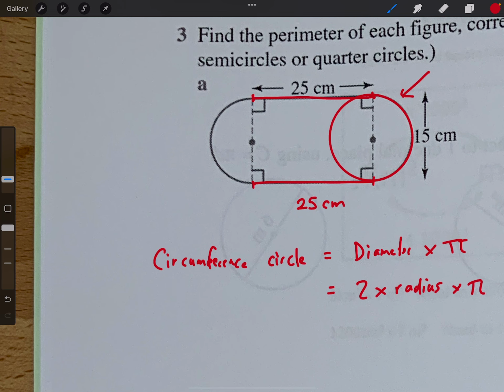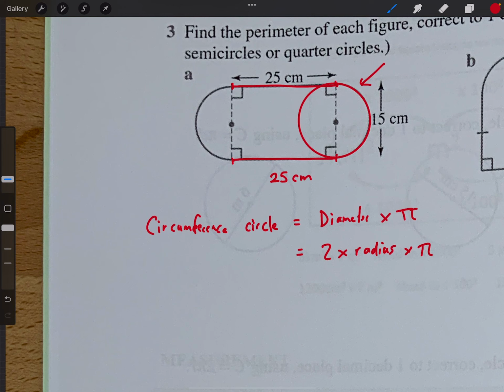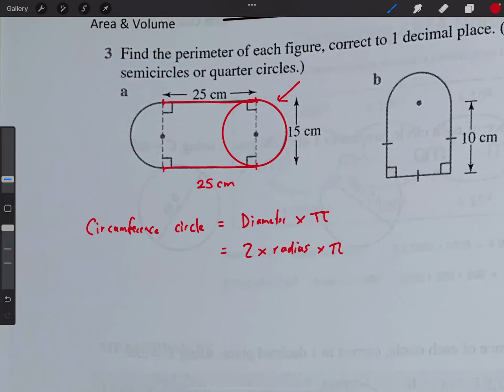They're the same thing. So the diameter is given to us as 15, so that means the circumference of this circle, I'm going to call it C for circumference, is equal to 15 times pi, so 15 pi.